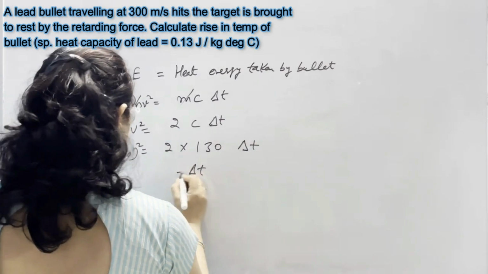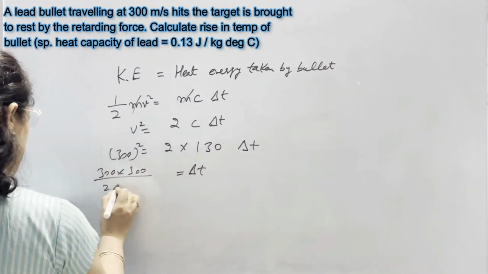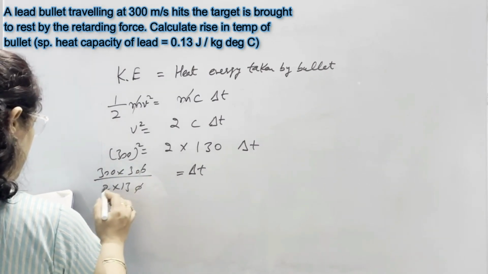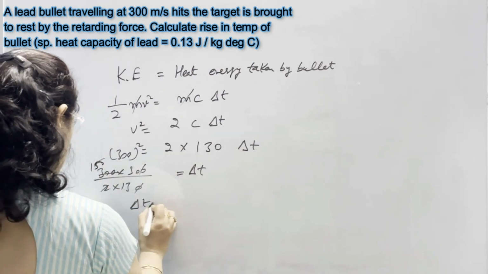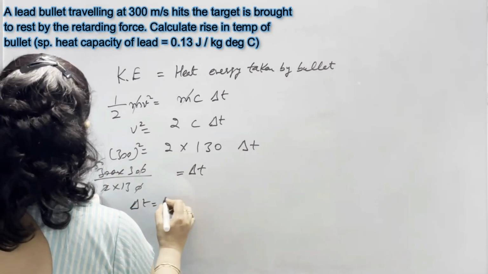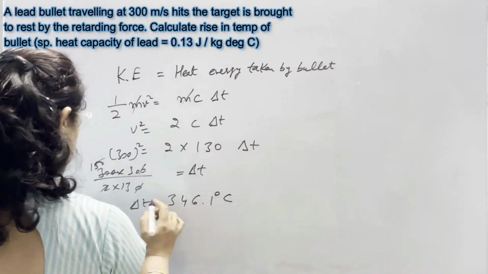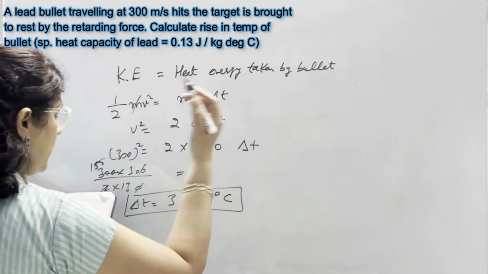So value of delta t is equal to 300 into 300 divided by 2 into 130. So delta t is equal to 346.1 degrees Celsius. This is the rise in temperature of the bullet.